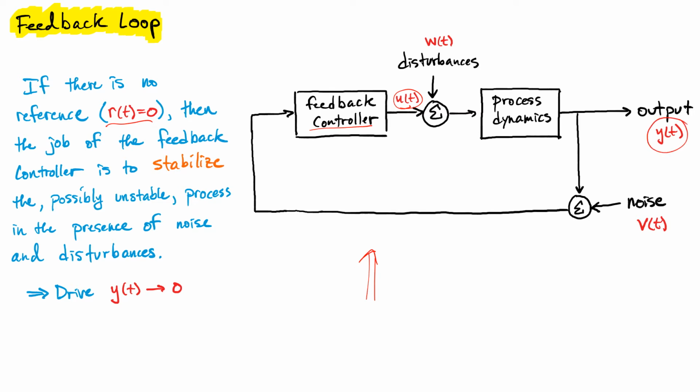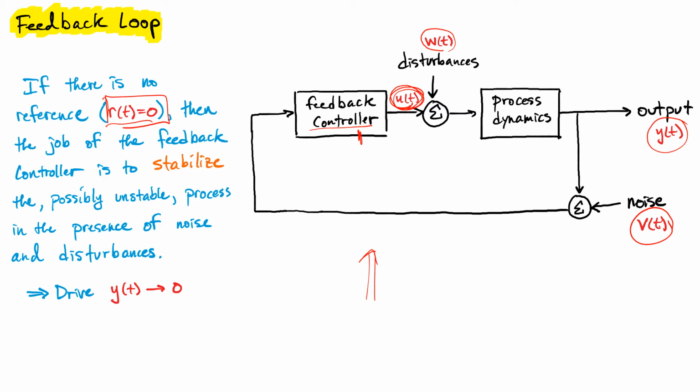So we'll call that stabilize Y. And so instead of making Y track the reference, we're making it track 0. One of the ways to think about that is simply that the reference is 0, so we're still trying to track the reference, it's just that the reference is 0. So in that case, again, we're designing this controller to produce an output that is robust to disturbances and robust to noise.